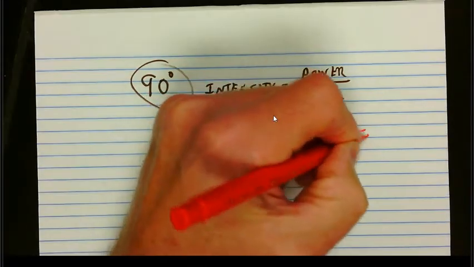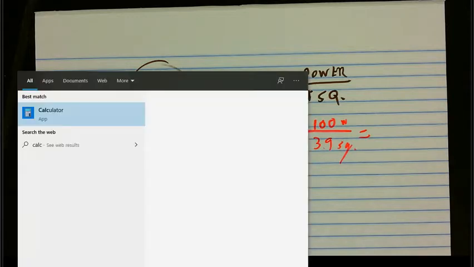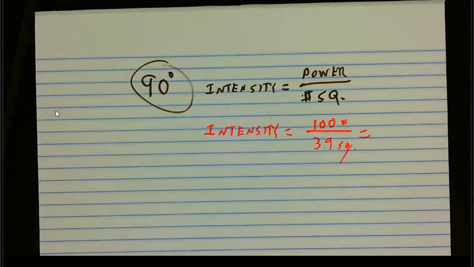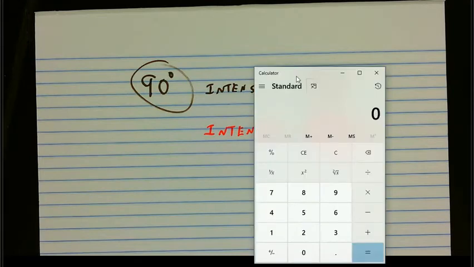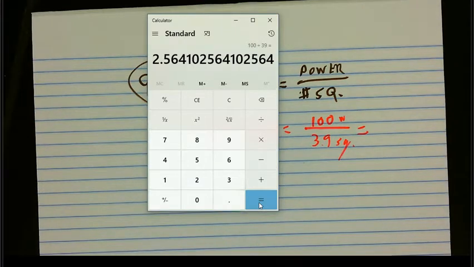So we figured out that the intensity is, calculator, 100 divided by 39, 2.5, and a whole bunch more. We're going to round to the nearest tenths place. So we got an answer of 2.6.